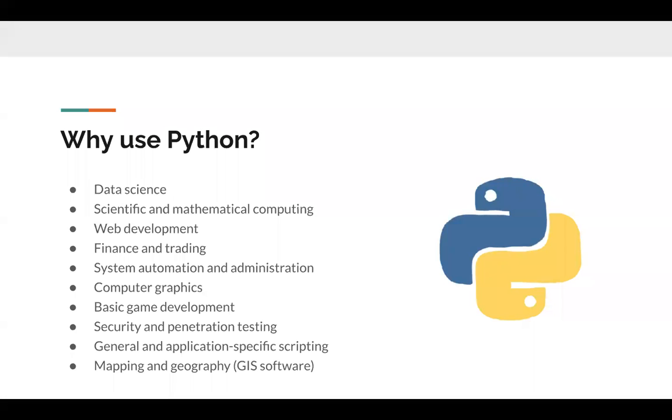So why use Python? What are the intricacies that are going to enable you to be a productive data scientist, as well as physical scientist, engineer, astronomer, etc.? The uses of Python range from data science to finance to game development, mapping and geography and GIS software.